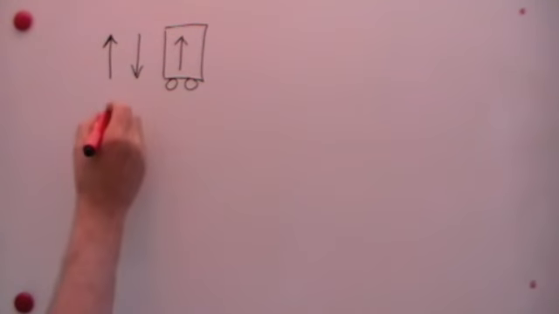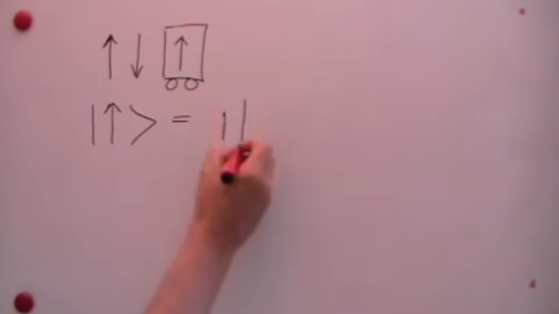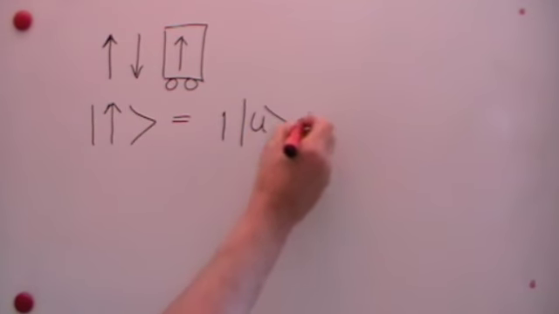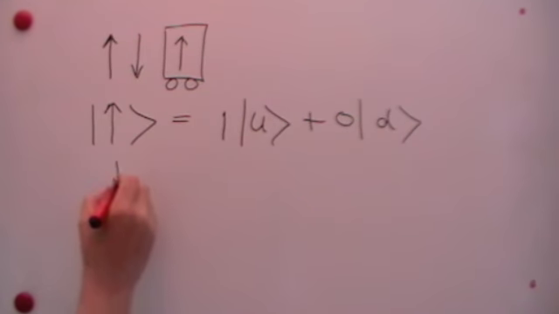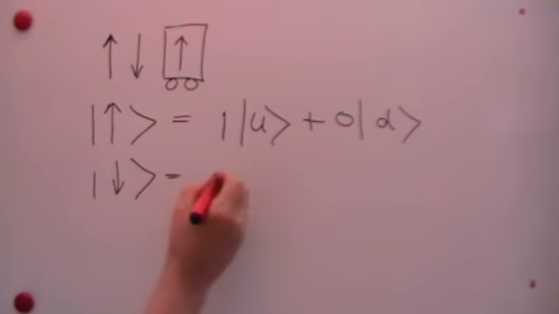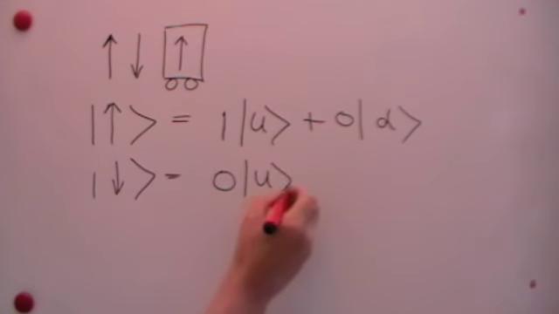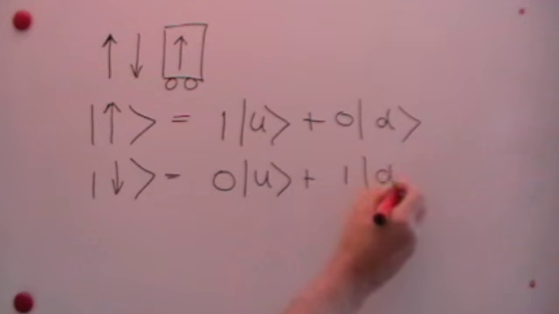So my starting point is simply to assign that my up eigenvector is going to simply be represented by the combination of states of 1 up plus 0 down, and my down state is simply going to be represented by 0 up plus 1 down.